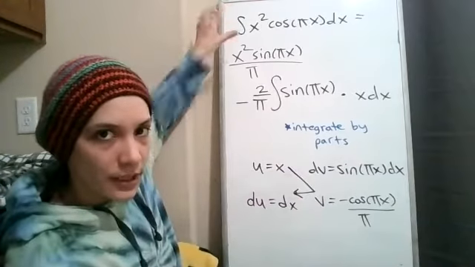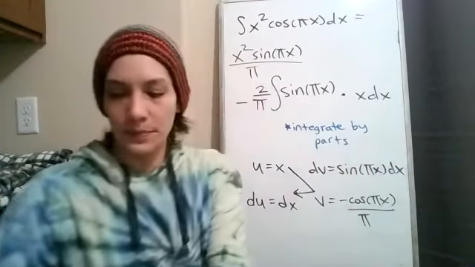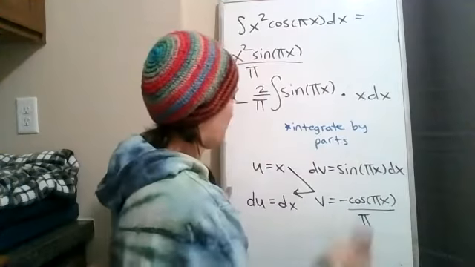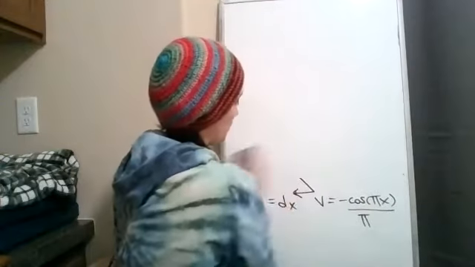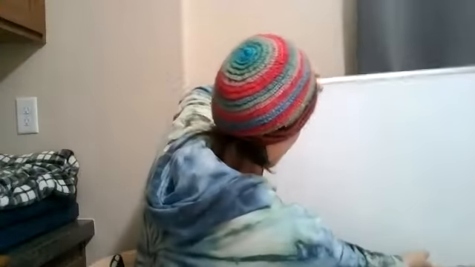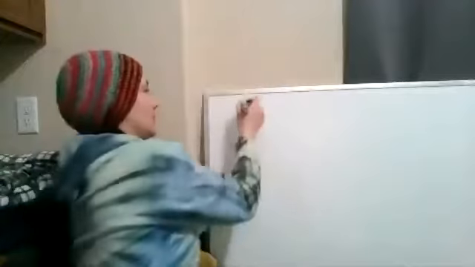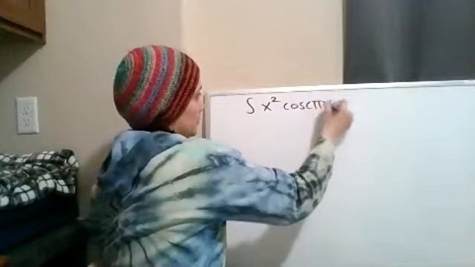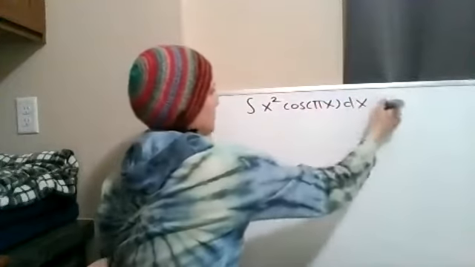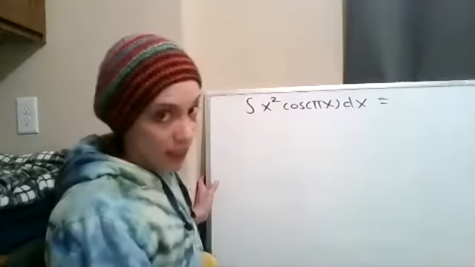Okay, so this integral is equal to, put it all together on the side. All right, we had x squared sine of pi x over pi.